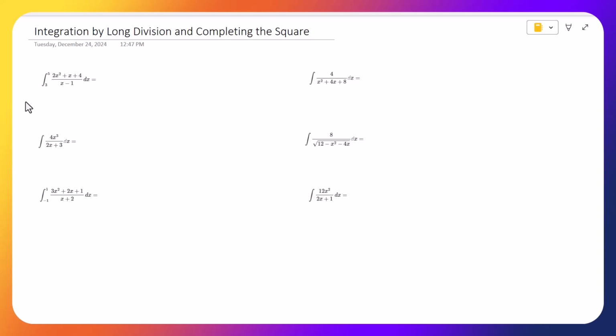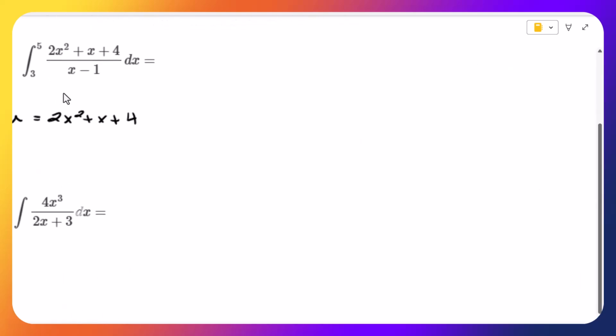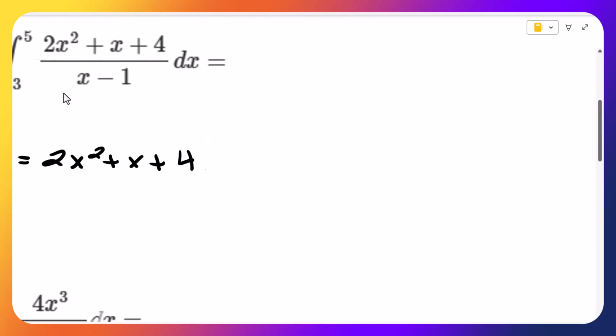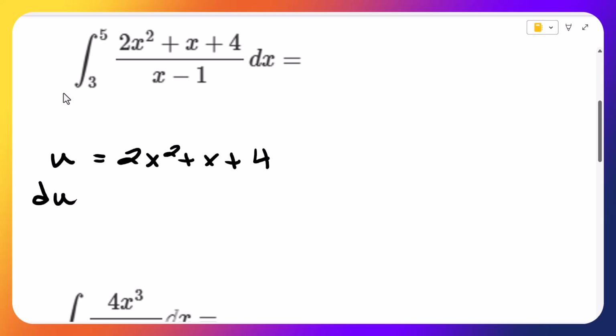So let's try U sub and see if there's anything we can do with U substitution. If we say U equals 2x squared plus x plus 4, then du, let me zoom in so you can see better, du equals 4x plus 1 dx.